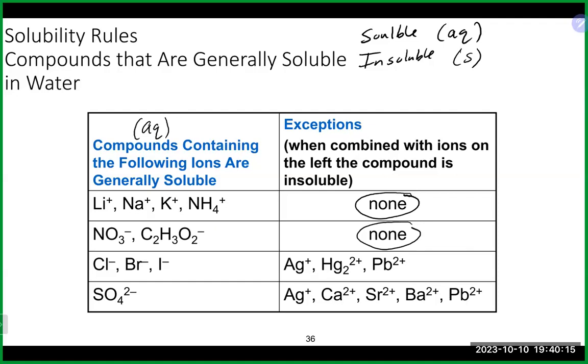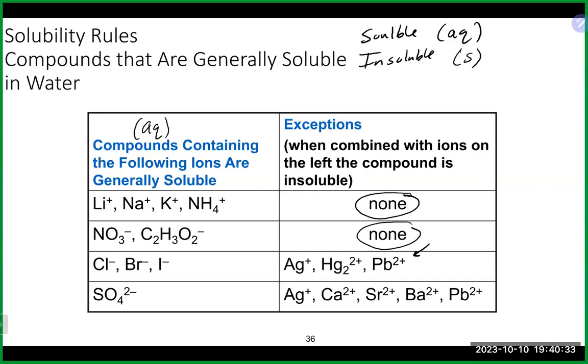Now, when we have chloride, bromide, or iodide, those guys are typically soluble, but there happens to be some exceptions over here. And the exceptions are silver, that is mercury 1. Remember, the guy with all the 2s is 1. And lead 2.